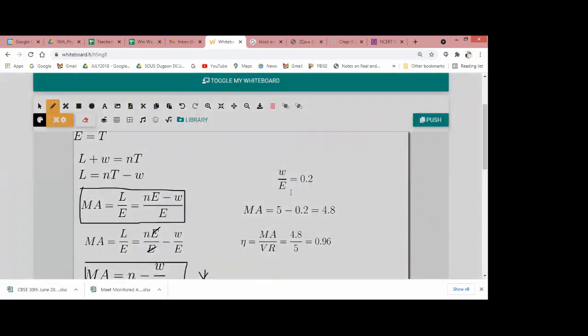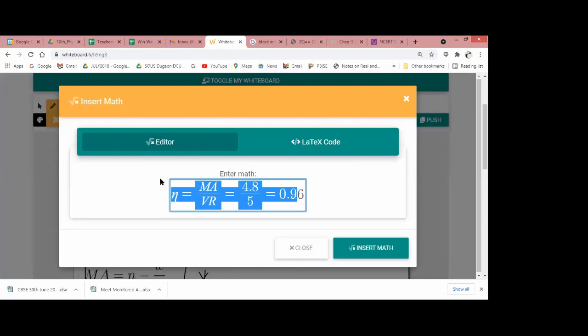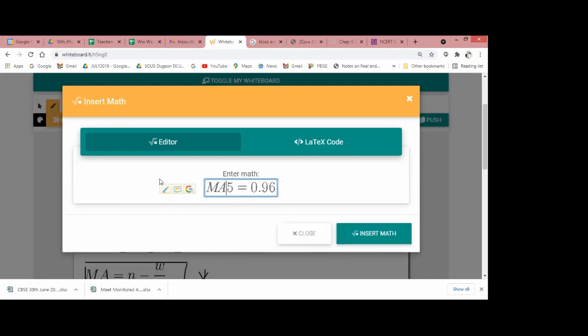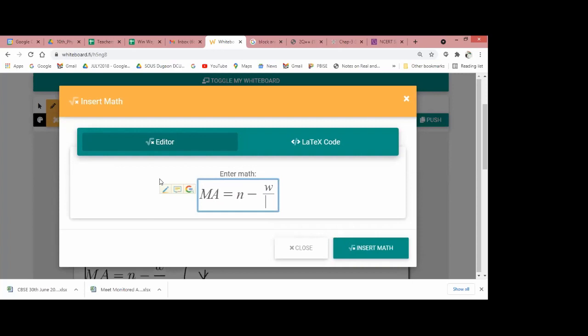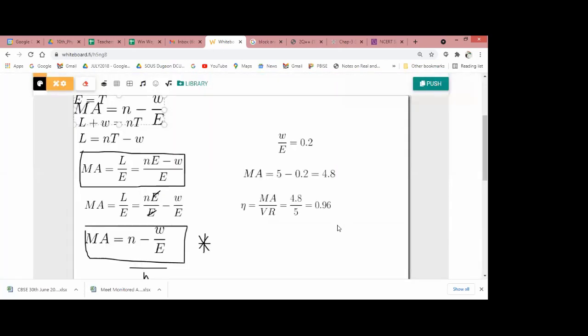So our equation was MA is equal to N minus W upon E. This is the expression that we have got.